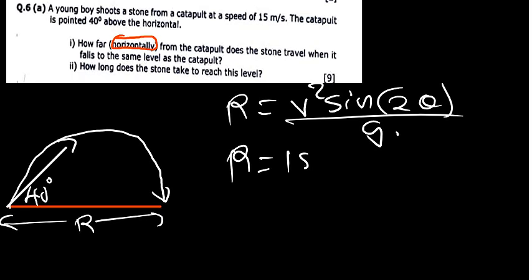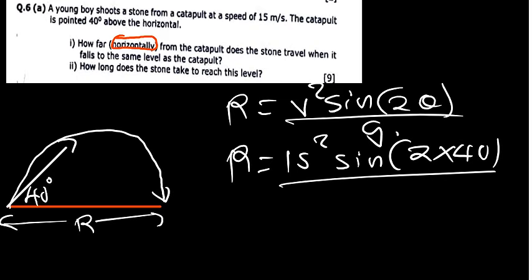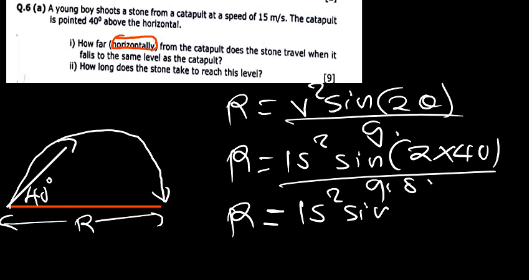When they say sine 2 theta, you need to double the angle, so 2 times 40, meaning the angle is 80. The g is always positive when you use these formulas. So it's 15 squared sine 80 over 9.8.